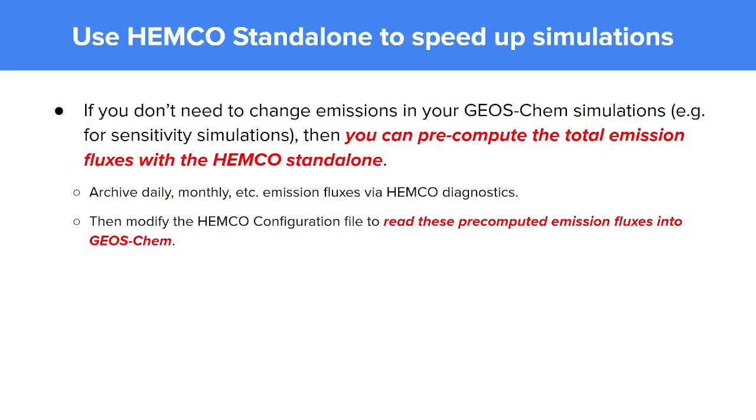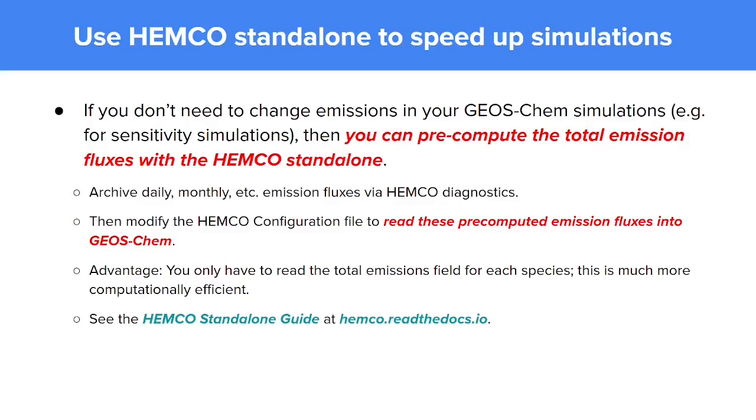And then you modify your HEMCO configuration file in your GEOS-Chem run directory to read the pre-computed emission fluxes that you generated with the HEMCO standalone. The reason why you want to do this is because you only have to read the total emissions field for each species, because in netCDF, when you open a netCDF file, there's a lot of overhead in opening and reading, and HEMCO also has to regrid the data.